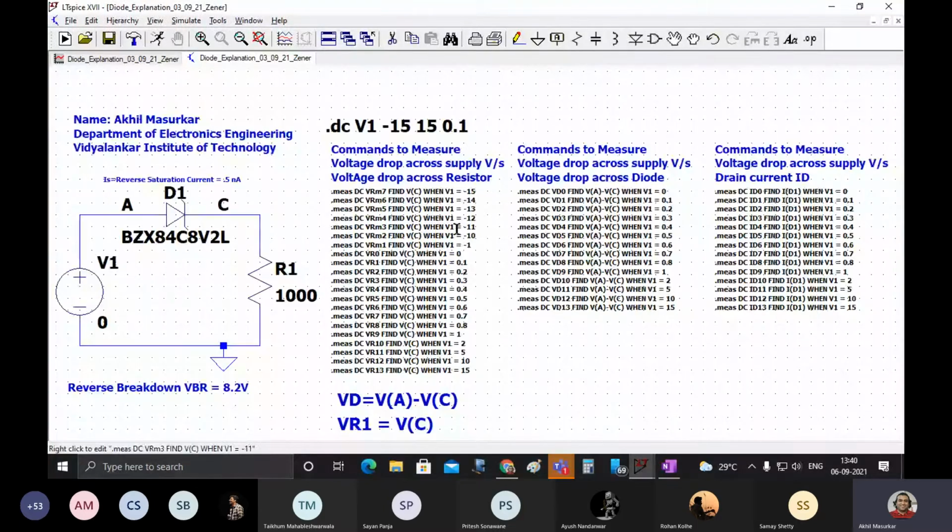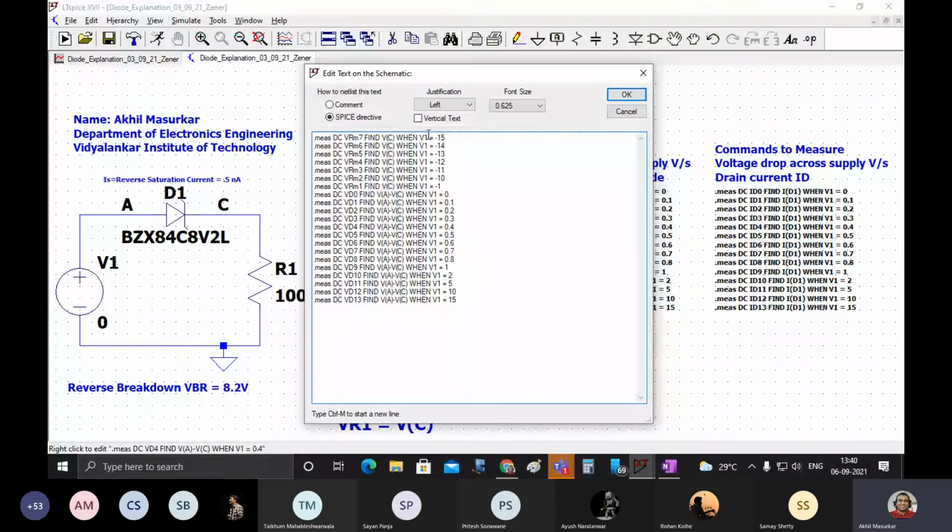Instead of D, R, I am changing it to D. Instead of VC, I will write VA minus VC.